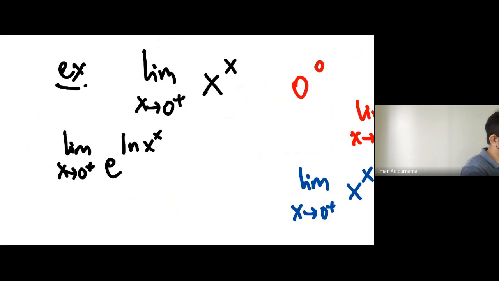And remember, if you have e and then you have limit, you can write e to the limit, because you only evaluate the x value, okay? Because e is always having a positive value, right? So limit x approaching 0 of x ln x. And then from here, you know that this is the same as we done before. It's 0, so e with power of 0, this is 1.